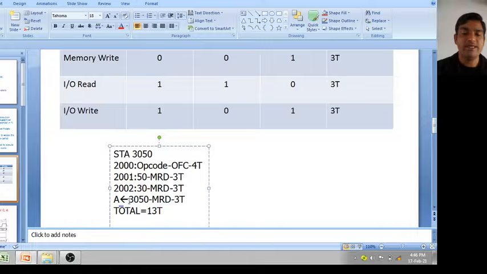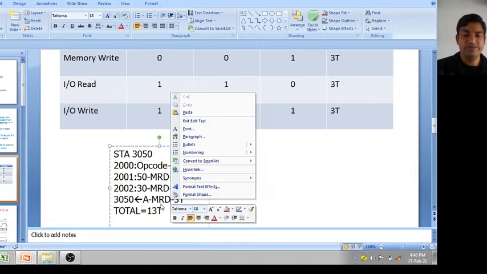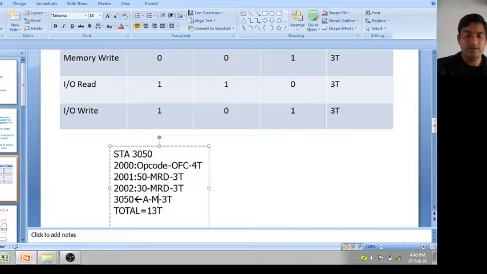Now the contents of A are going into memory 3050, so this will be a memory write, 3T. So again 13T states are required and 4 machine cycles: 1 opcode fetching, 2 memory read, and 1 memory write.